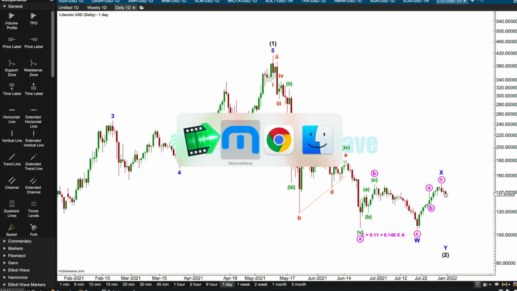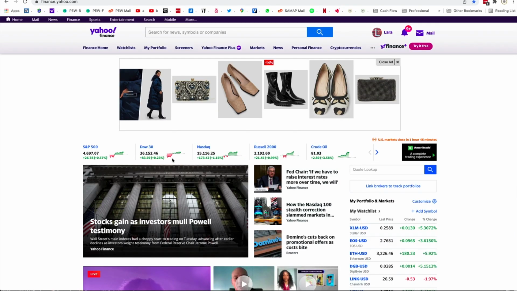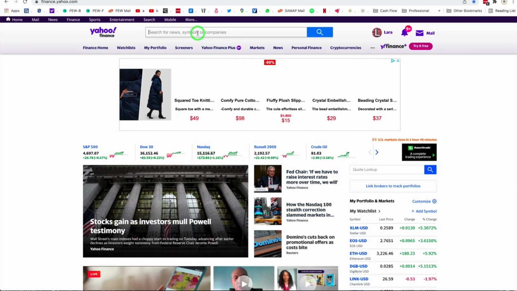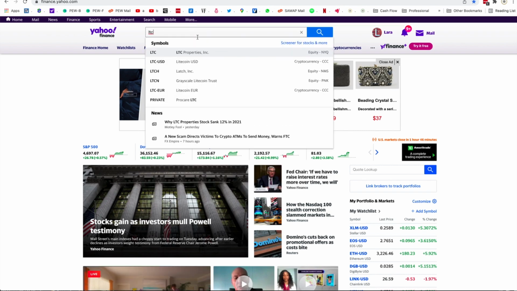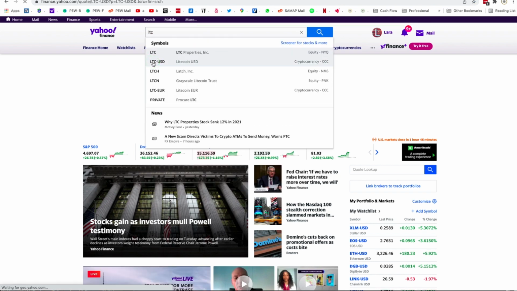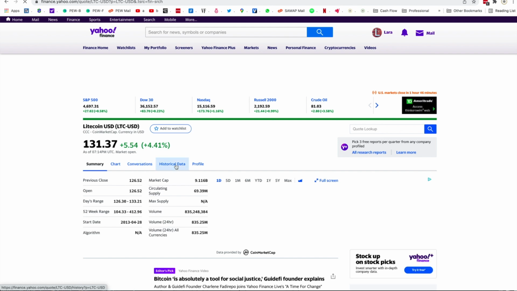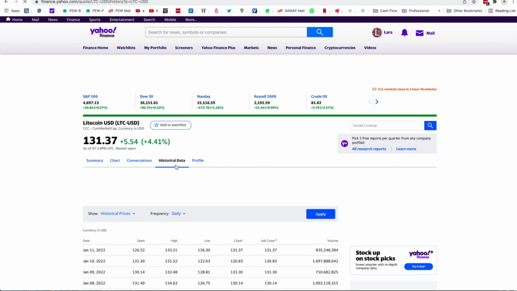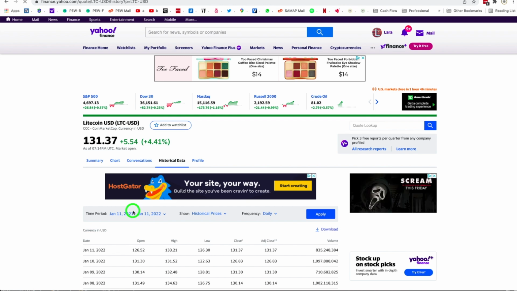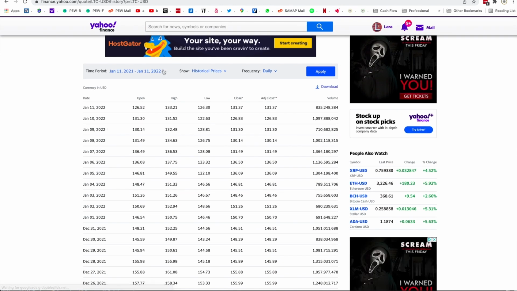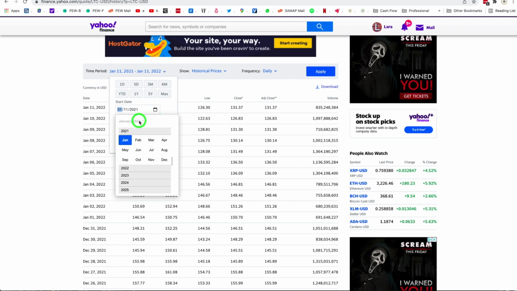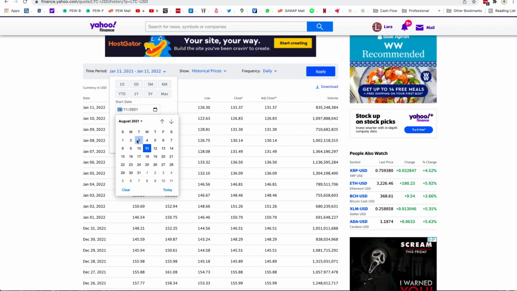So I'm going to go through the process of showing you how I update my data from Yahoo Finance data because someone asked. So let's have a go at this. Let's show you. So I choose the date range I want. It was 2021.